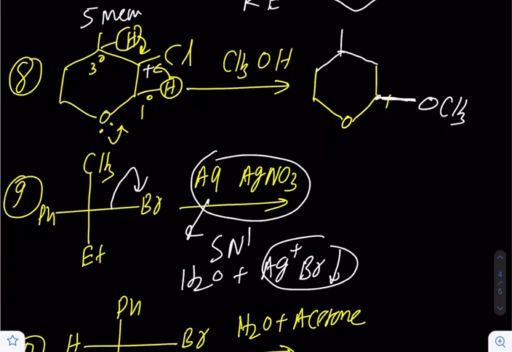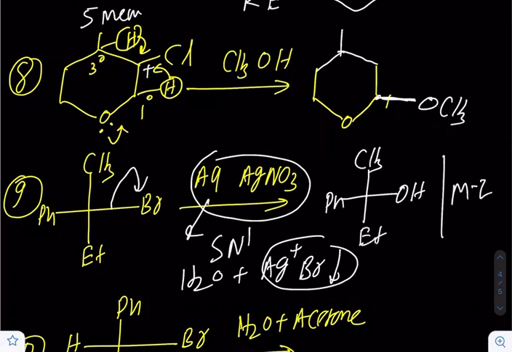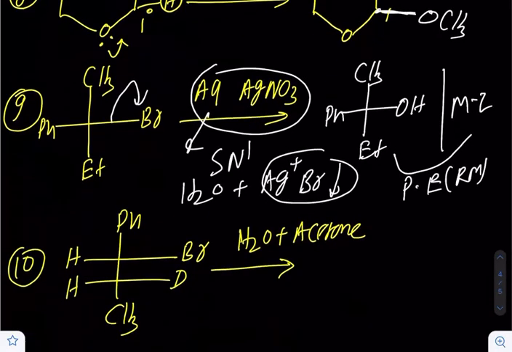In this case also, there are two possible products, since the carbocation is planar and attack from both sides is possible. So OH, Ph, CH3, Et, and their mirror image. So a pair of enantiomers and a racemic mixture is formed.